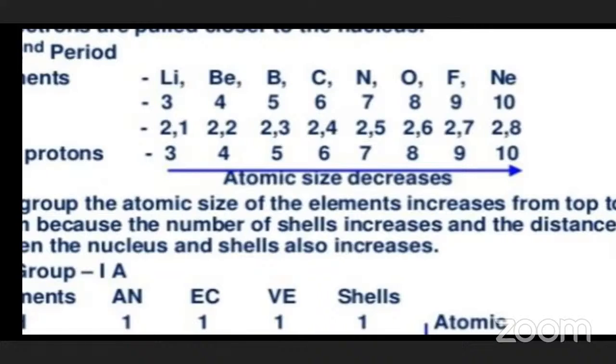So these are the anomalous behavior we are going to observe in atomic size as well as ionization potential values. Based on these, the remaining properties will also be affected.